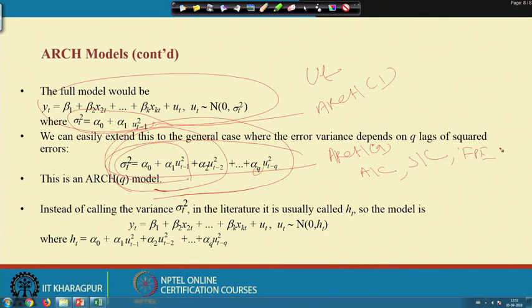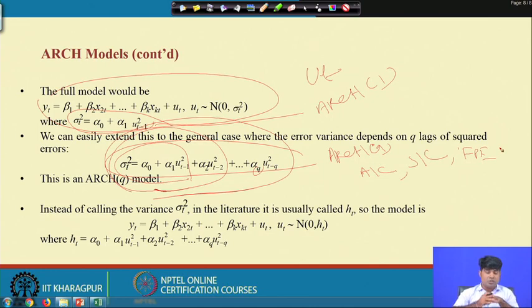After fixing this, you will go for other requirements, the estimation, then the testing, the reliability. So, everything will come one by one. But this is very important, how to fix the optimum lag, and that is one of the biggest challenges in time series modeling, and that too in this type of models.